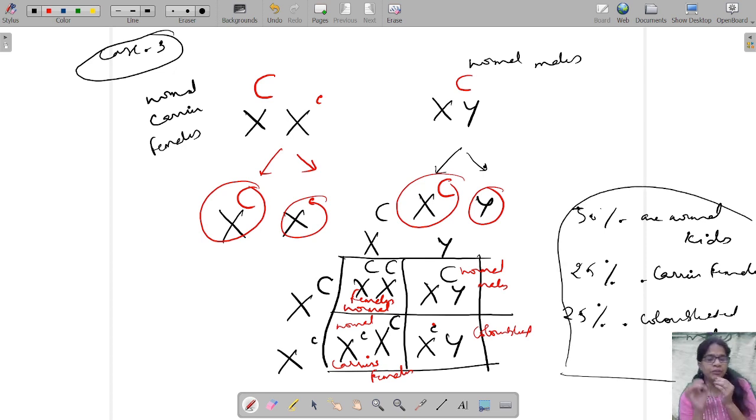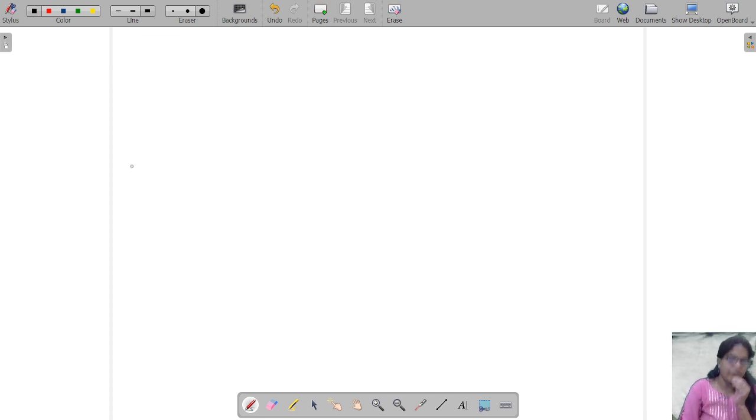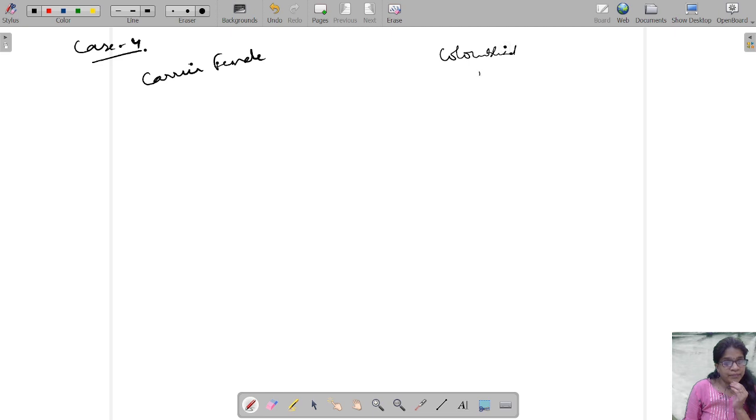So this is how you interpret it, like they may ask you and you should be able to draw it. So you should just be aware which gene is coding for it. The color blindness is coded by the recessive gene, not the dominant gene. Okay, now let's go for the last case, case number 4, where the carrier female is marrying a color blinded male.